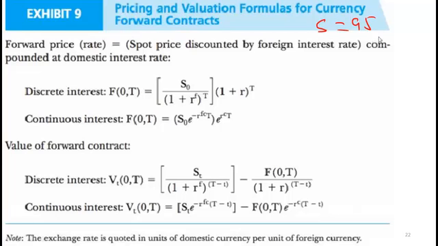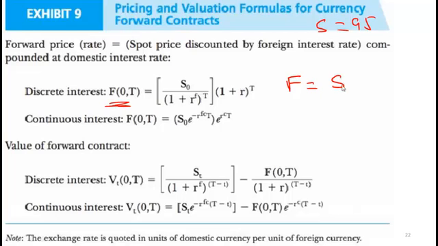Okay, so if you recall, the forward price, now this is based on the interest rate arbitrage relationship. The forward price is equal to the spot price, and if the spot is expressed as a counter currency divided by base currency, or in our example, the rupee, which is our counter currency, divided by dollar, which is the base currency.